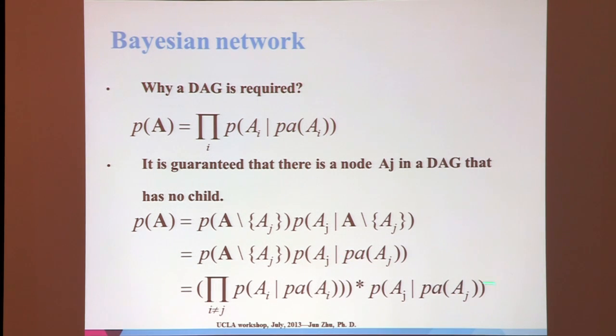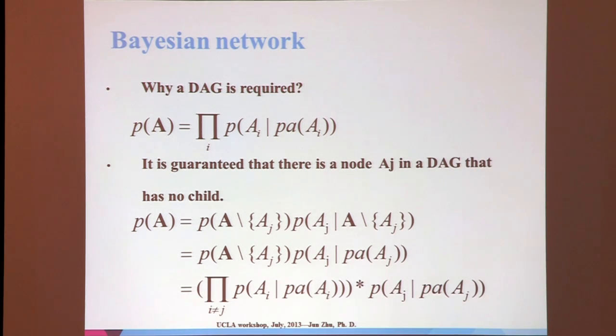So then you can put them together, everything including the AJ, in a special form, then everything goes back. So as long as you have the directed acyclic graph, then it's guaranteed you can decompose this one.